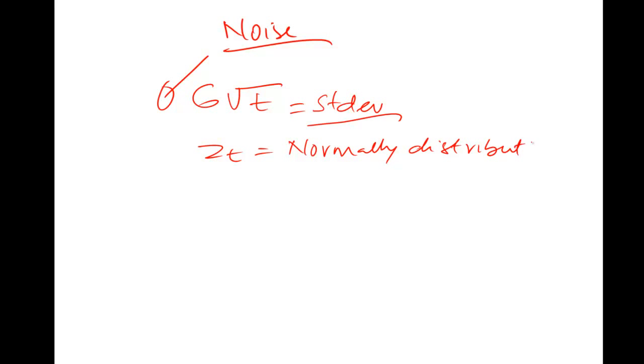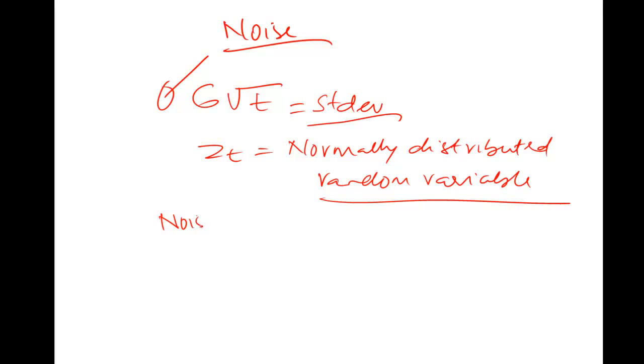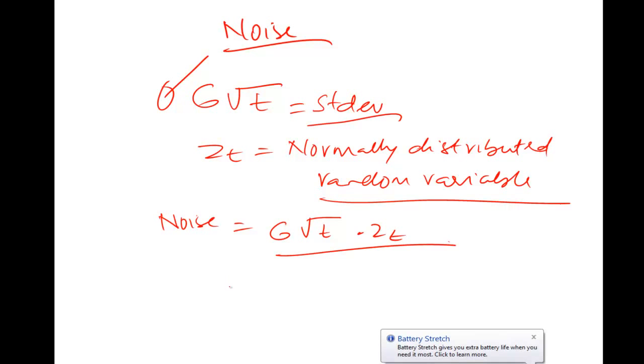Second element is a bit more tricky, and this element is what we call Z_t, a normally distributed random variable, and we use this to bring in the randomness that we wanted noise to represent. So noise is represented by two components. The first component is standard deviation scaled for time, more time, more volatility, less time, less volatility, and Z_t, a normally distributed random variable that comes in, plugs in the element that we need to use for randomness.